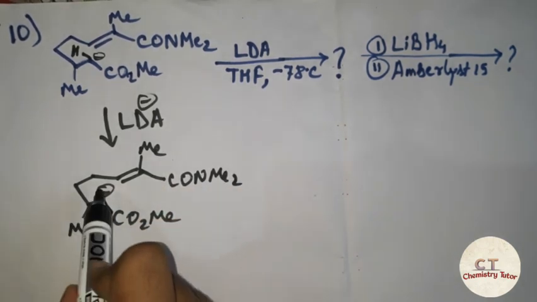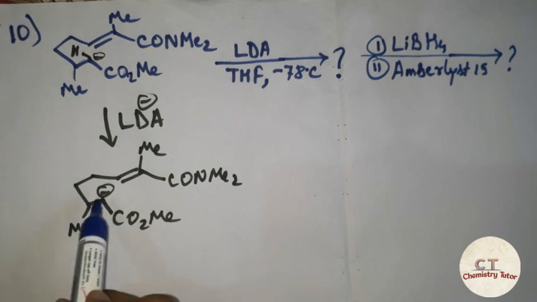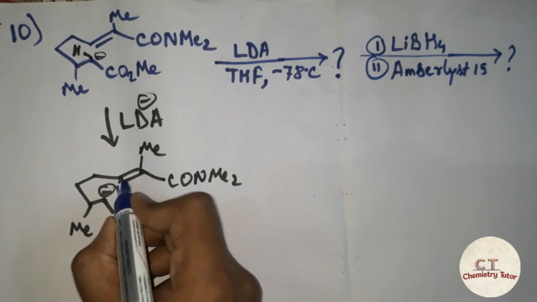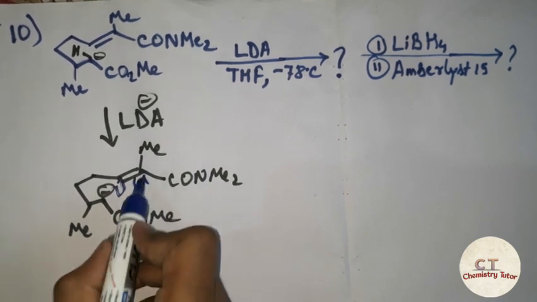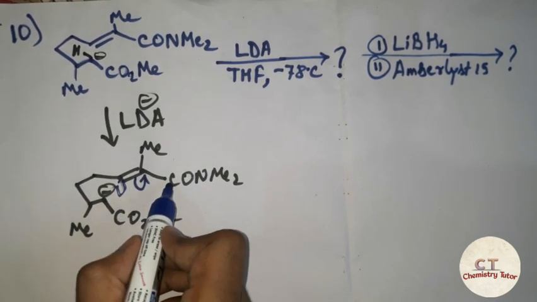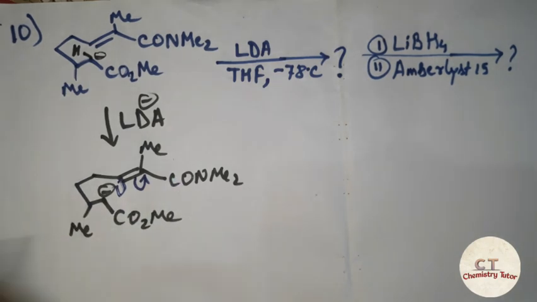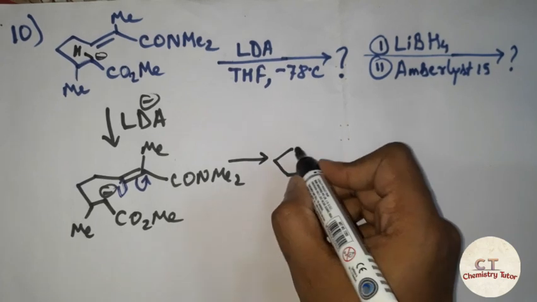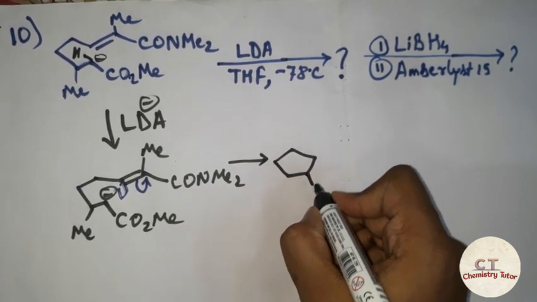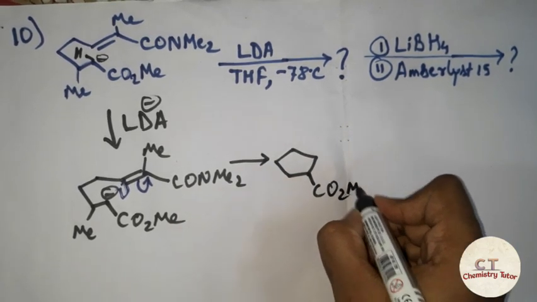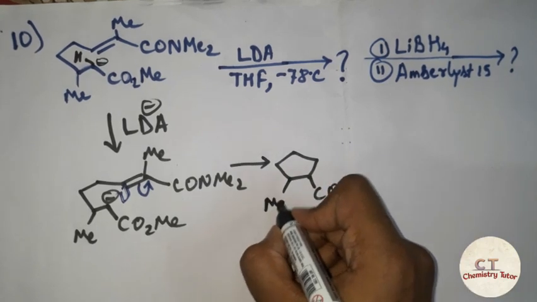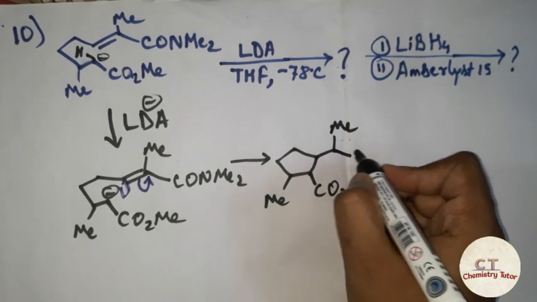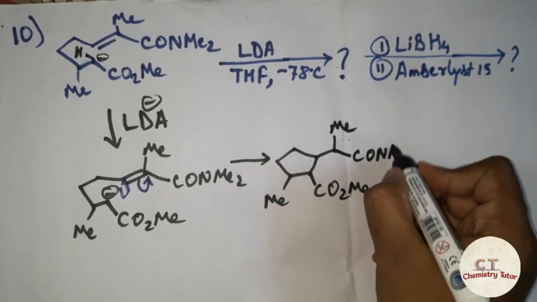Then since there is a possibility of formation of a 5-membered ring, 1 2 3 4 5, okay, it will attack here, and the negative charge will be here, and this negative charge will again be stabilized due to conjugation here. So again the next product will be formed, a 5-membered ring, CO2Me, here Me, again one methyl group is given here, and CONMe2.